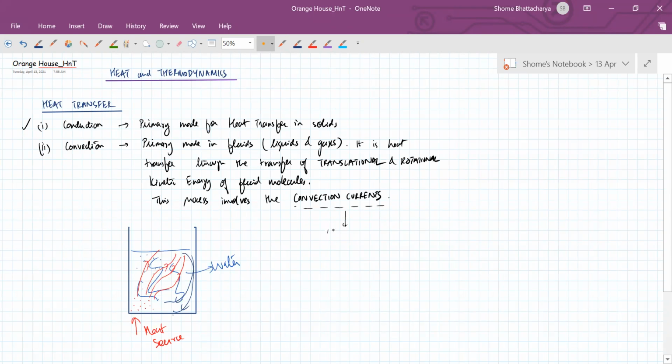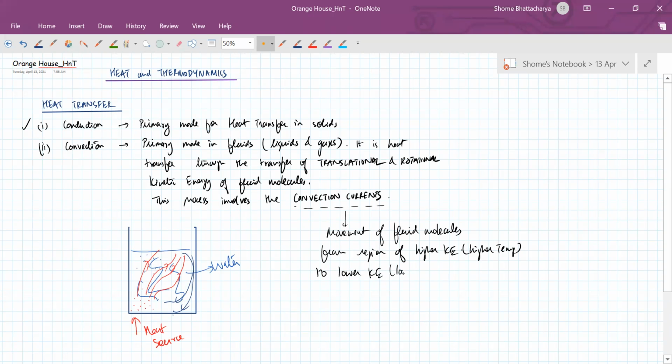So this is movement of fluid molecules from a region of higher kinetic energy, that is higher temperature, to lower kinetic energy, and the resultant transfer of heat, which is what we basically call convection. So that is what convection currents are.